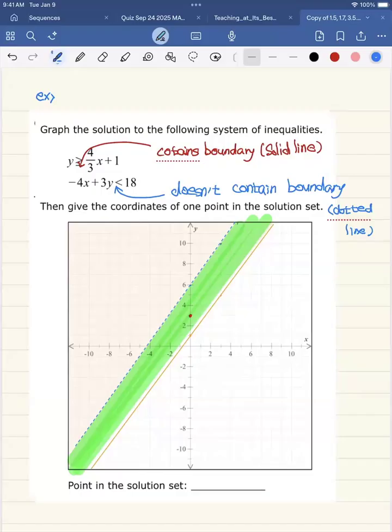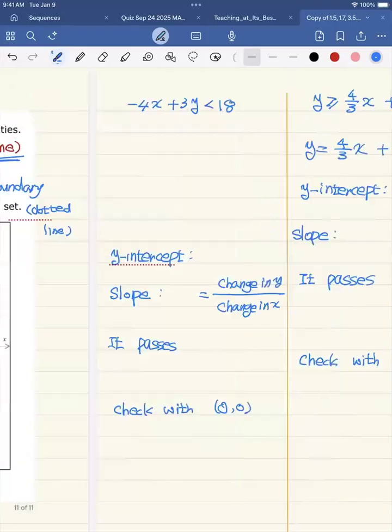Let's graph both straight lines. The first one will be denoted with a solid line because the straight line will be part of the solution. But in the second case, there is no equality, so the straight line will be denoted with a dotted line.